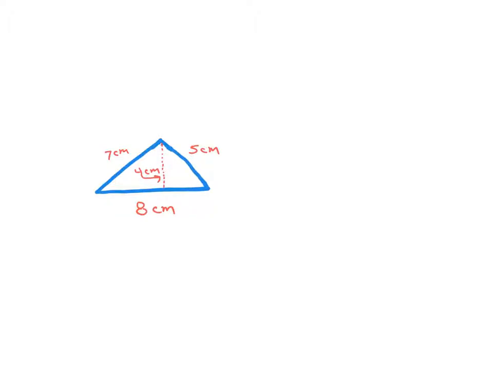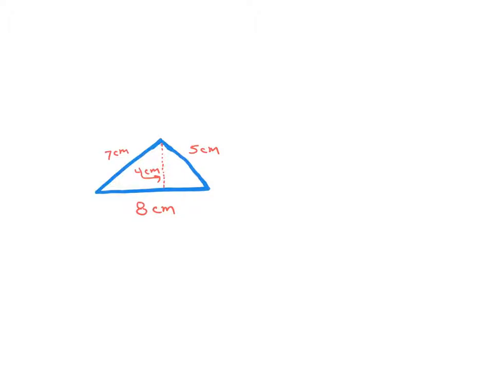Here's an example of a triangle that's not on graph paper, and you can see that I have given you the lengths of all the sides. The bottom is 8 centimeters and the two other sides are 7 centimeters and 5 centimeters. I've also given you the height of this triangle. The height of this triangle is 4 centimeters.